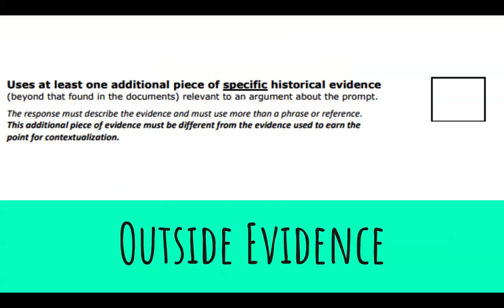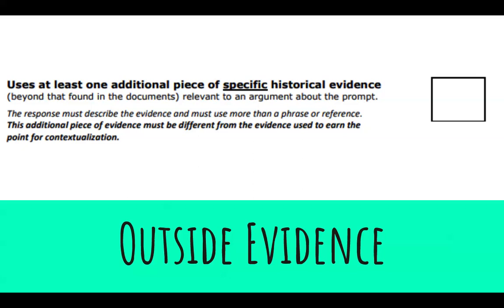So outside evidence uses at least one additional piece of specific historical evidence beyond that found in the documents, relevant to an argument about the prompt. The response must describe the evidence and must use more than a phrase or reference. This additional piece of evidence must be different from the evidence used to earn the point for contextualization.